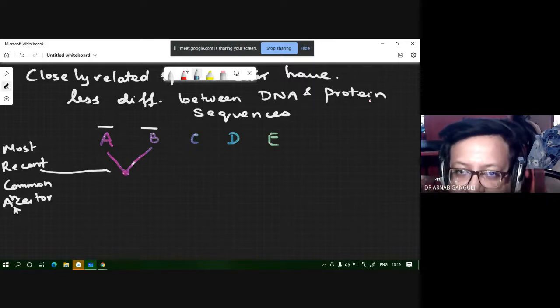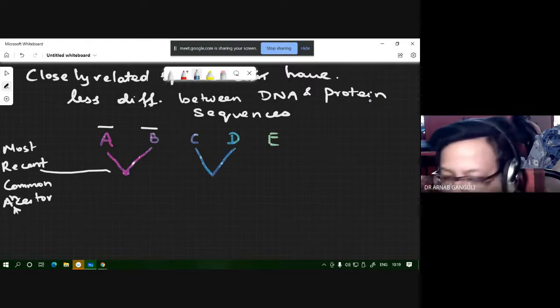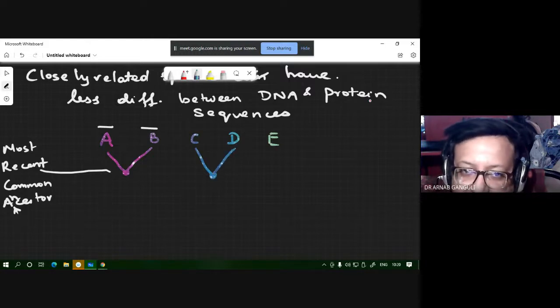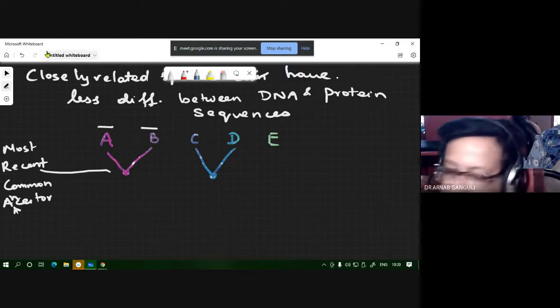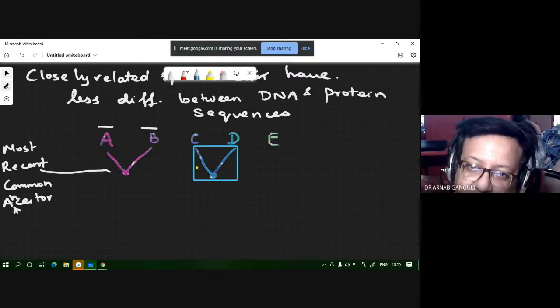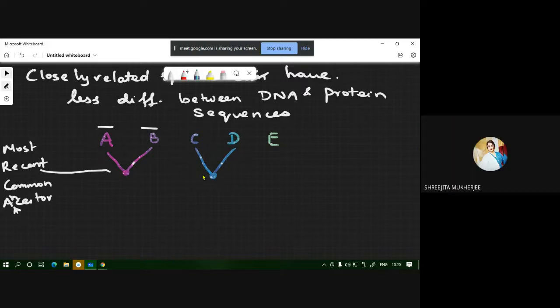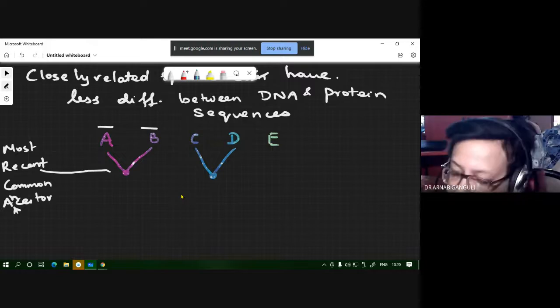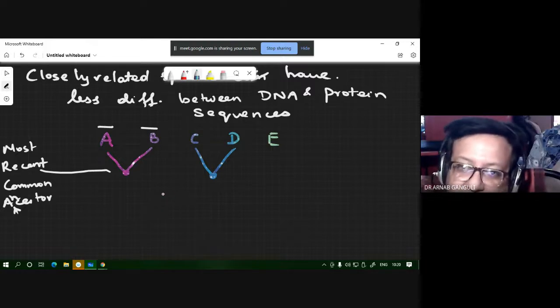Then we can draw this for C and D again. This point, the point you see over here. Are you able to see the yellow arrow? Yes, sir. That is the most recent common ancestor of C and D.